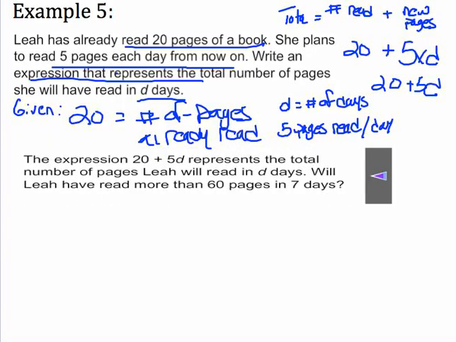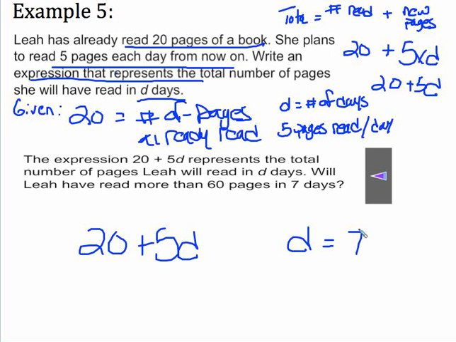Now, if I were asked whether Leah will have read more than 60 pages in 7 days, I can use my expression 20 plus 5D to figure that out. What if D equals 7? Are the total pages going to be 60 or more?